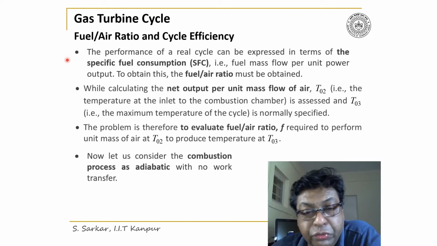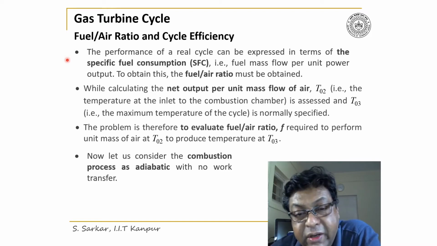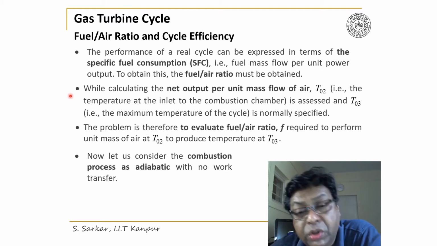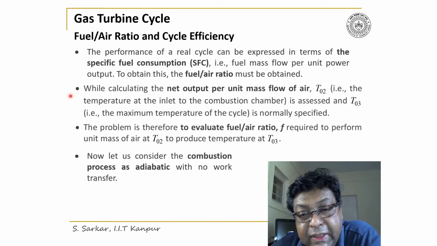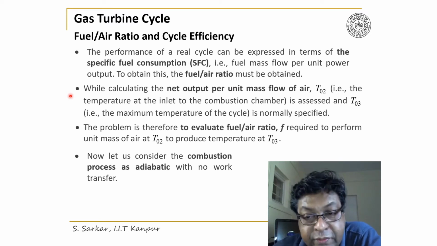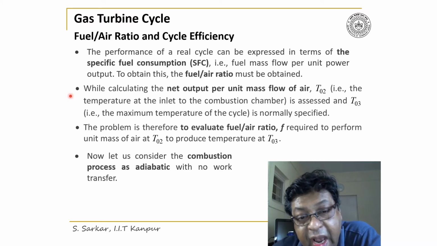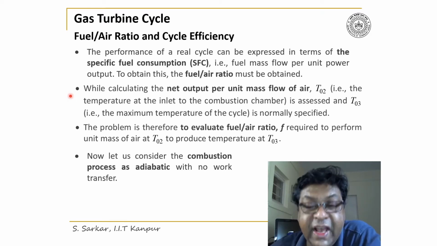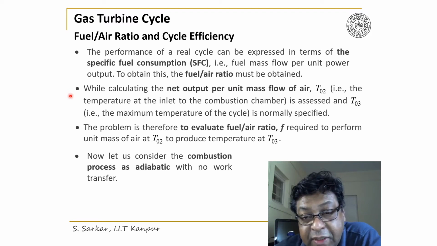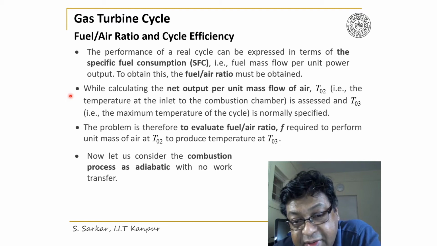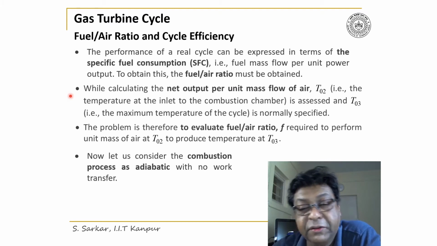Now I'll show you how to evaluate fuel air ratio for the cycle. Note that T02, which is the temperature at the inlet to the combustion chamber, is assessed, while T03, that is the maximum temperature of the cycle, is normally specified.